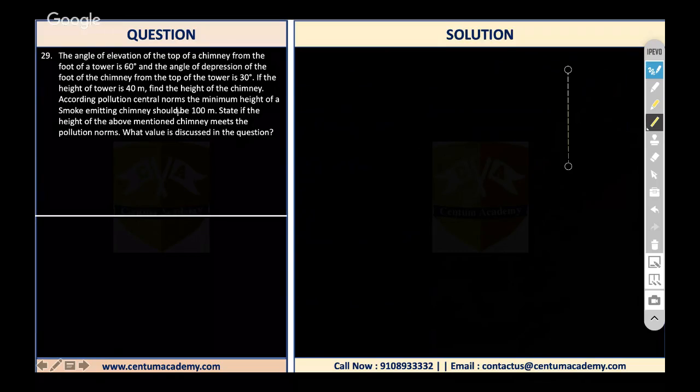Okay. The angle of elevation of the top of a chimney from the foot of a tower. So let's say this is a tower. Okay, and let me join these, and let me use this color for angle of elevation and depression. So let's say this one is the tower and this one is the chimney. Now if you join these, they're saying the angle of elevation of the top of a chimney from the foot of the tower is 60 degrees.